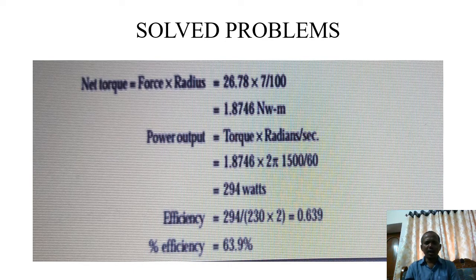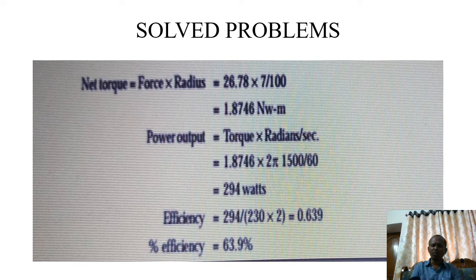Power output is equal to torque into radians per second. We calculated the torque; the torque value is 1.8746 Newton meters, and radians per second is 2 pi N by 60. Finally, multiplying these values, you will get 294 watts.